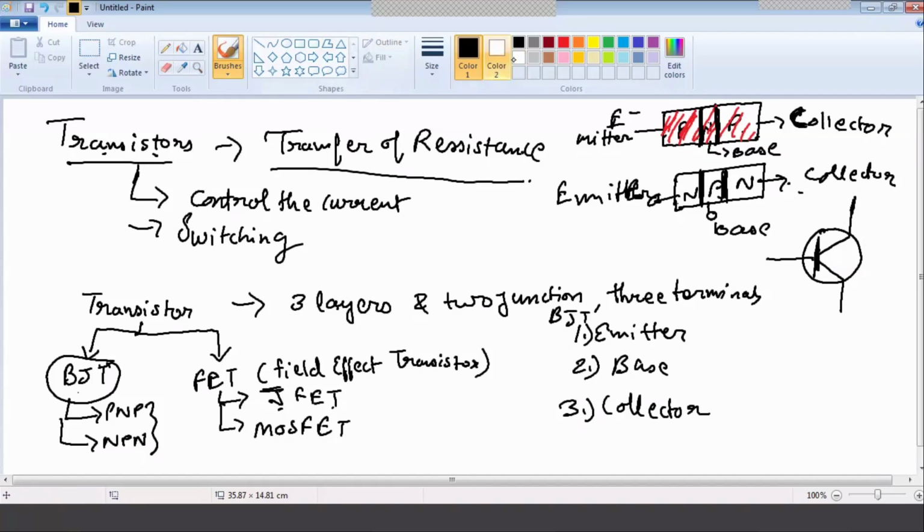So there is one arrow also present like this, right? If this arrow is in inward direction, it is a PNP transistor, right? And if this arrow is in outward direction, this will be an NPN transistor, right? Like this.